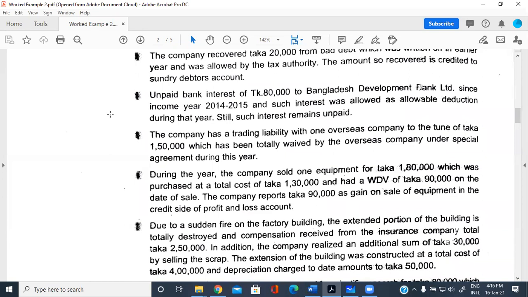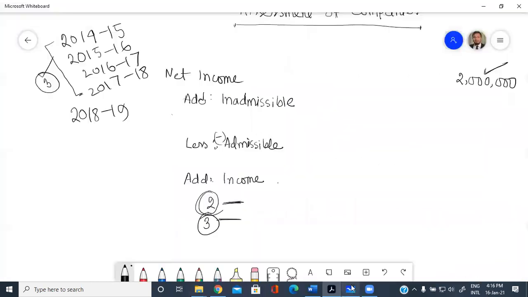Say that was the interest payment for 2014-15, but the rule is something like this: if it has been found that it has not been really paid in cash after this number of years, in that case you need to recognize that expense as income.